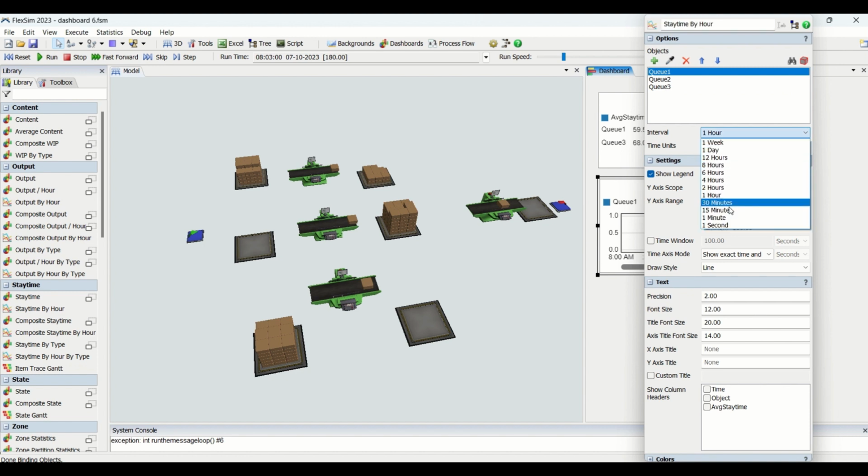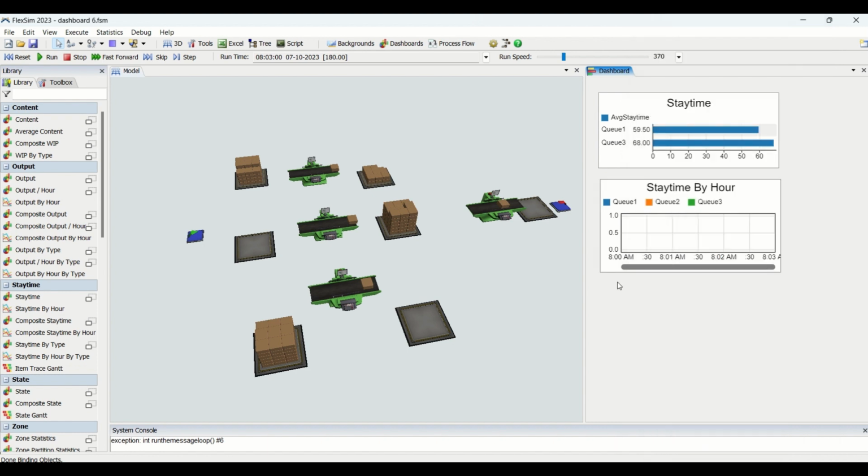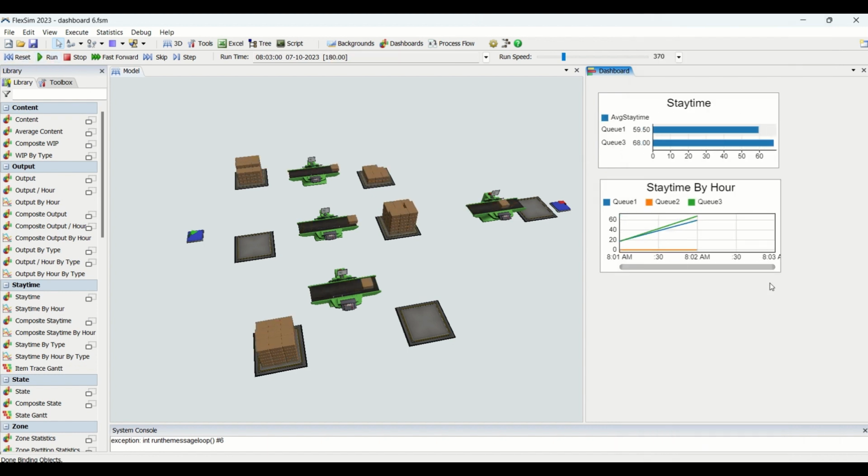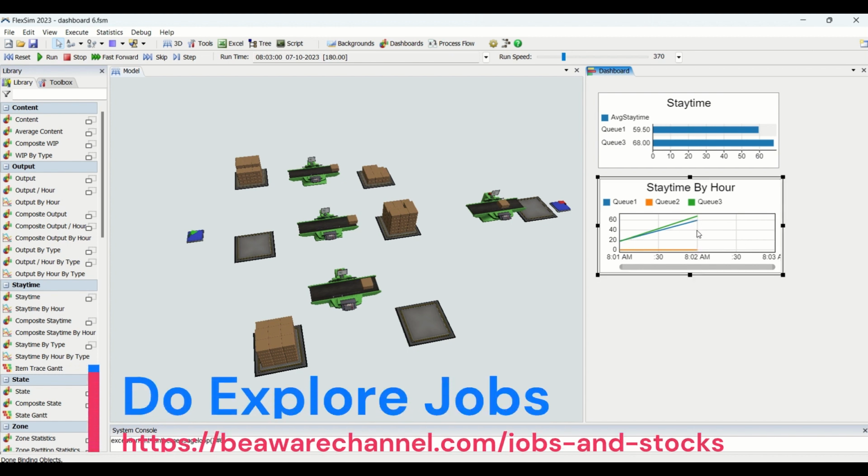So we'll change the interval to 1 minute. We will have 3 readings in the graph as we are running it only for 3 minutes. Now if you look, for Q2 the stay time comes out to be 0, but for Q1 and Q2 we have readings here.